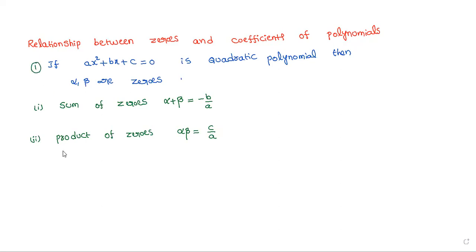And the second formula: if alpha comma beta are zeros of a quadratic polynomial, it is very, very important ma.